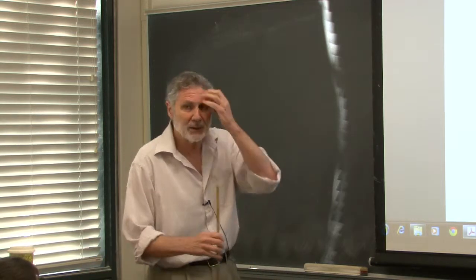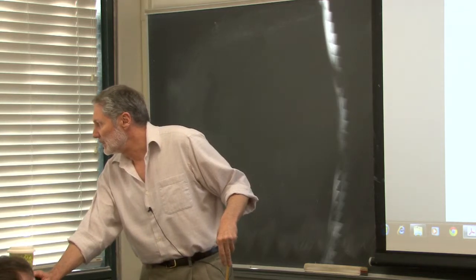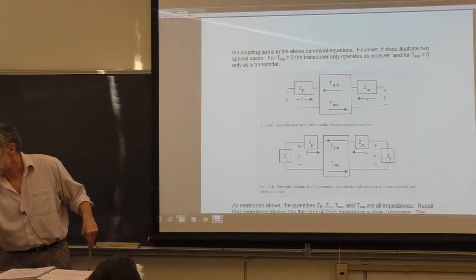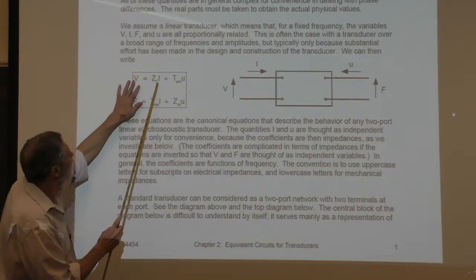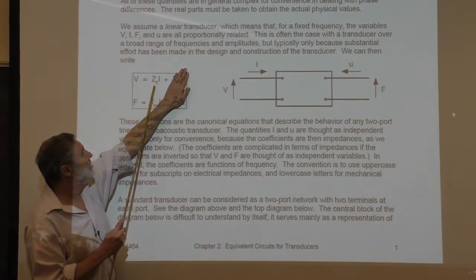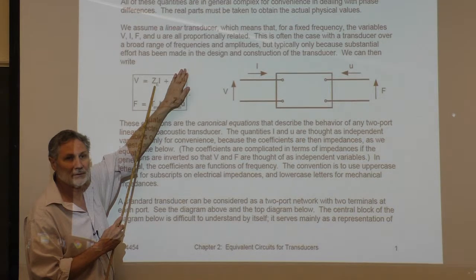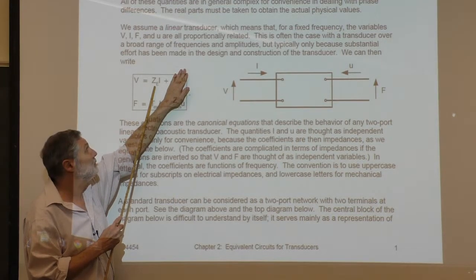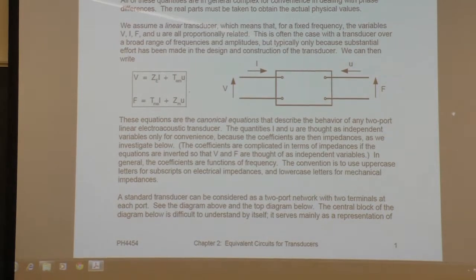Okay, so let me explain. Here's the physical meaning of the electrical impedance, this ZE here. You'll see that when we have no mechanical motion, the interpretation of this ZE is just the input electrical impedance. It's the electrical impedance when you have no mechanical motion in that special case.